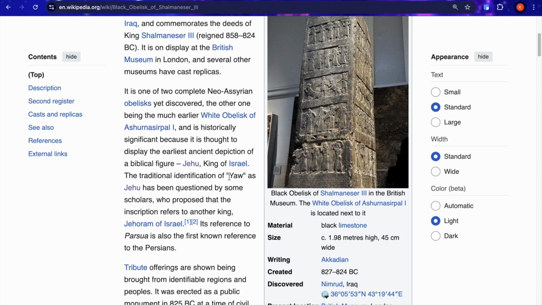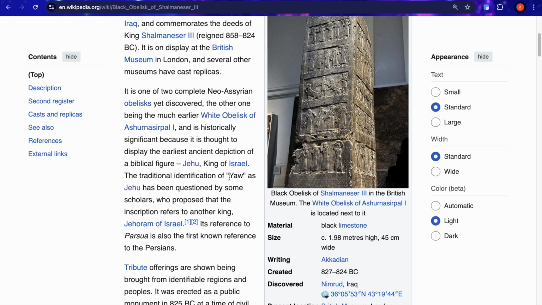So this is an extra-biblical secular account of a biblical character, Jehu, the king of Israel, from the point of view of the Assyrians.